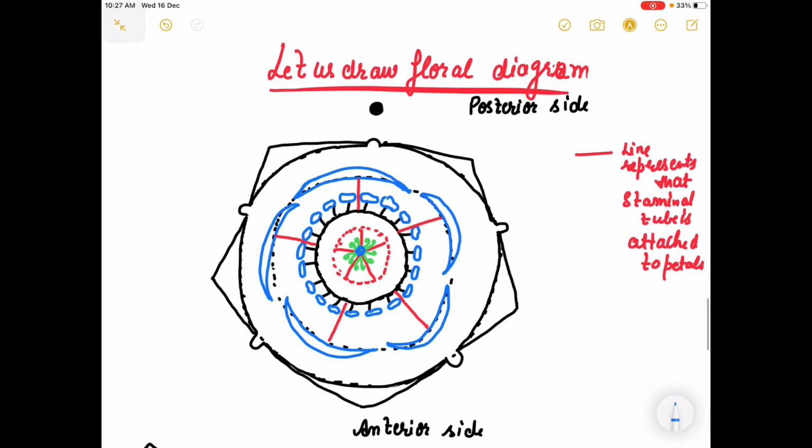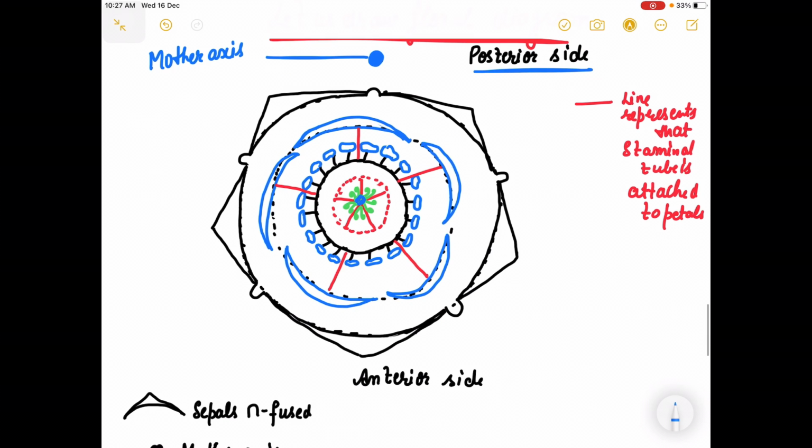Now let's draw the floral diagram. Always remember that you have to draw in the center what is called your mother axis. And mother axis we always draw, that is the posterior side, and this is our anterior side.